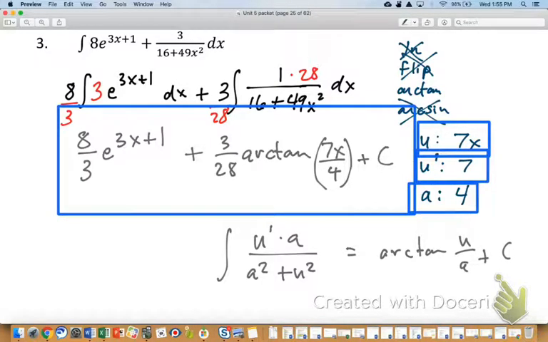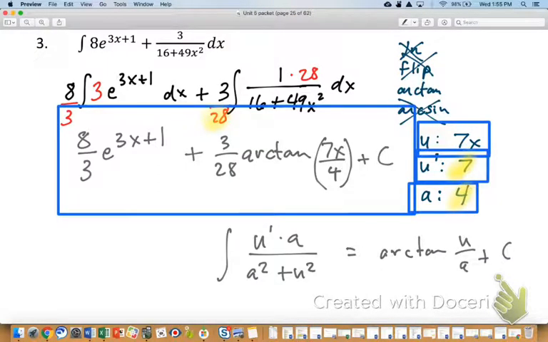So u prime times a is 7 times 4, which is 28. So the numerator has to be 28. And it's not. So for this truly to be arctan, I need to make the numerator 28. So I multiply the numerator by 28. I can't do that unless I also divide by 28. And that's what this is all about.